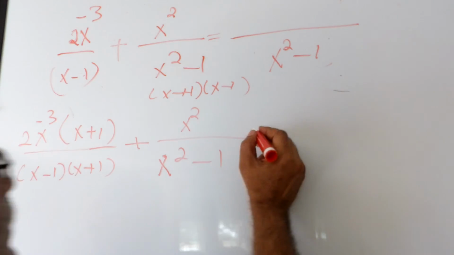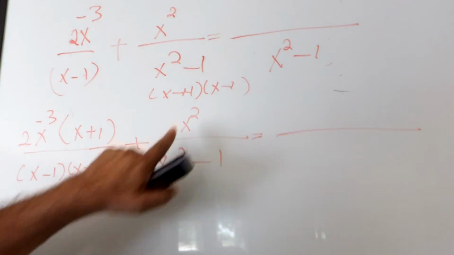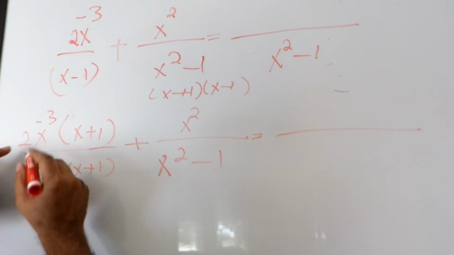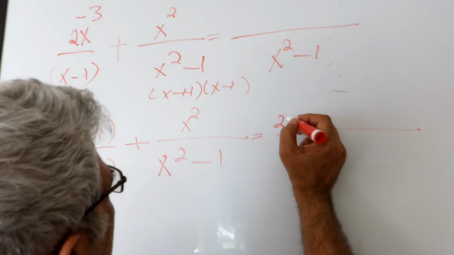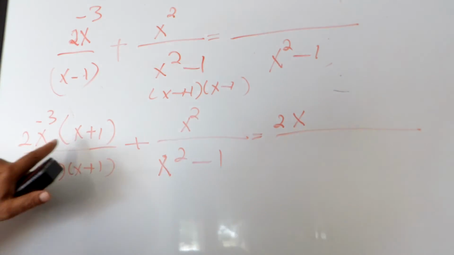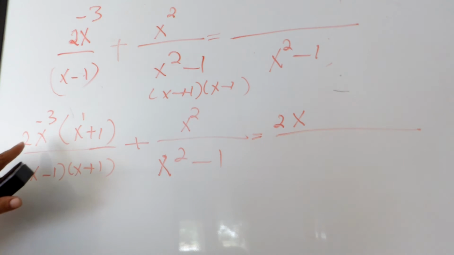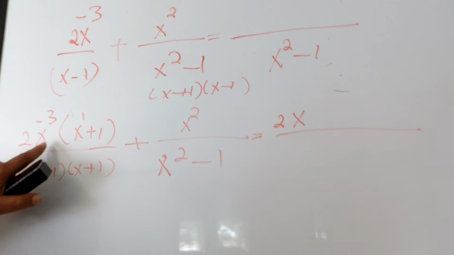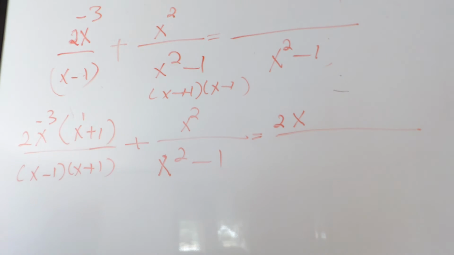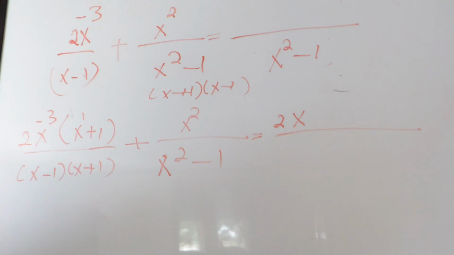So let's continue this. We add both numerators together. But we have to multiply this one by this one. 2 times x, see, this is x to the power of 1. And when we have the common base, you add the exponents together, the sum of these two numbers.